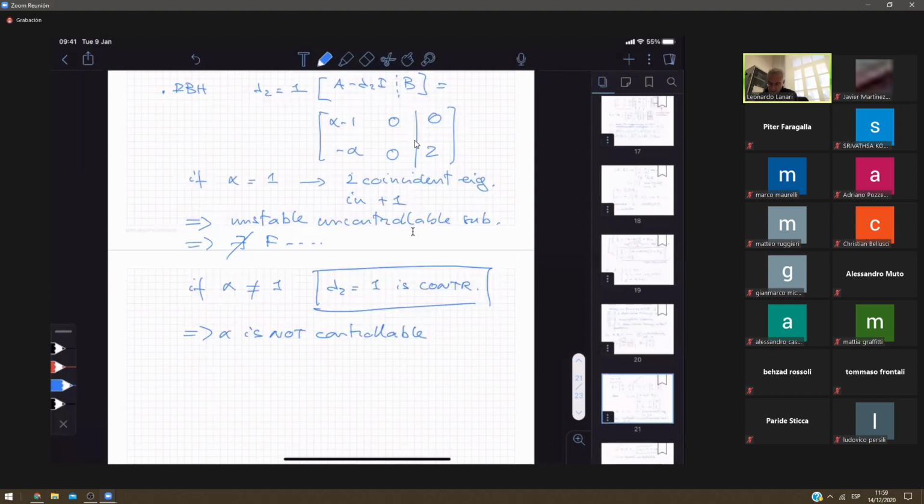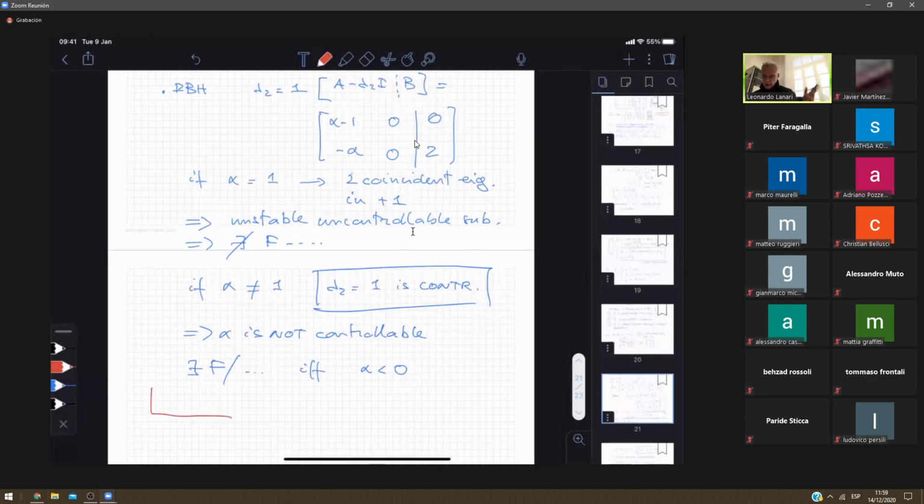There exists F which stabilizes the system if and only if alpha is negative, so if the uncontrollable subsystem is already asymptotically stable. So I think this is a rather interesting exercise.